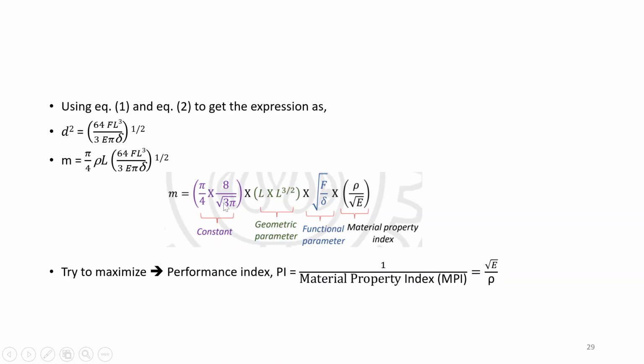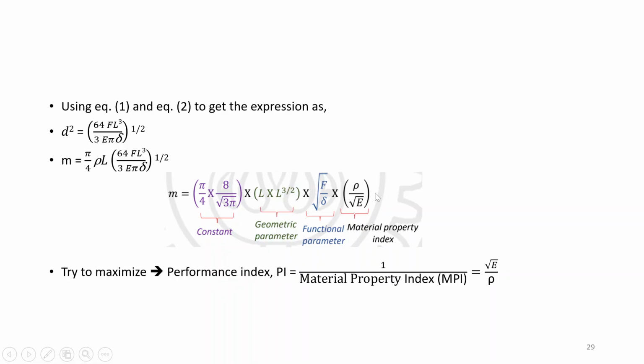Firstly constants: pi upon 4 times 8 upon root 3 pi. Then L to the power 3 by 2. These are geometric parameters such as length, width, thickness. Then you have functional parameters which are force and deflection, and then rho upon under root E. This is your material index.